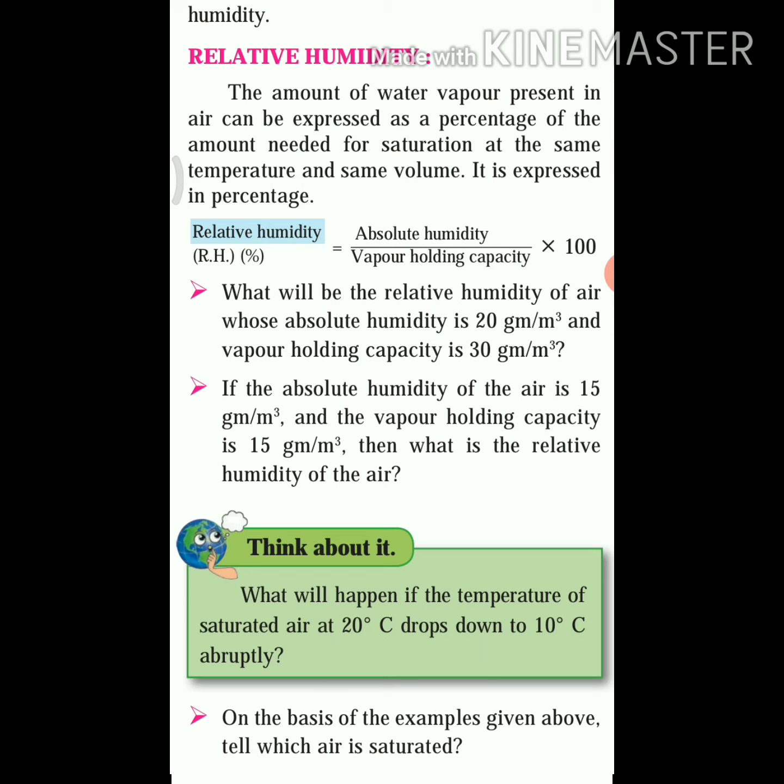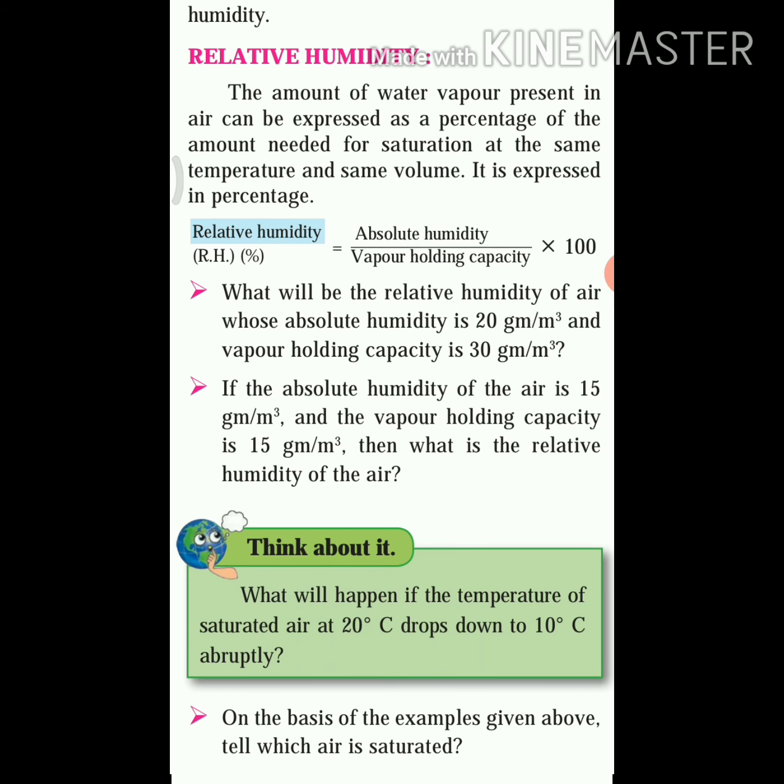Relative humidity is found to be more in coastal areas and less in desert areas. Both are opposite areas: coastal areas and desert areas.